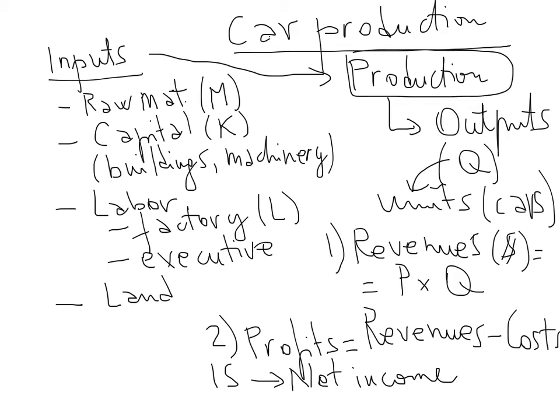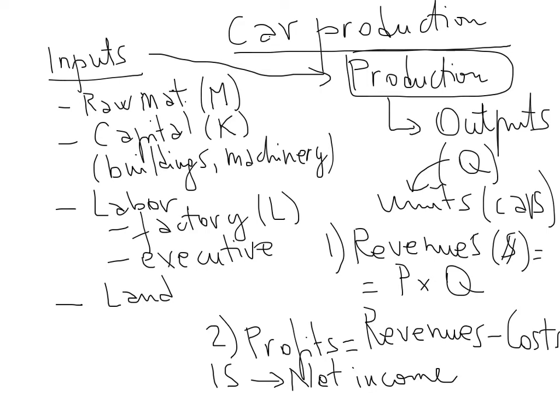So now that we clarified those two concepts, one thing I want to remind you as you read through your PowerPoints is that some of the inputs used in the production process are considered fixed inputs, and some are considered variable inputs.